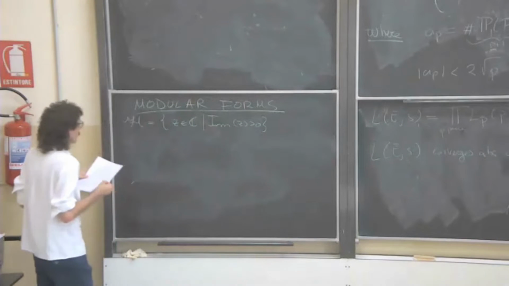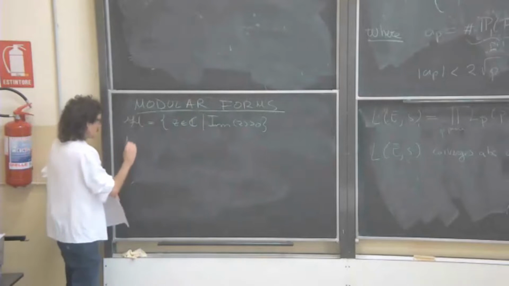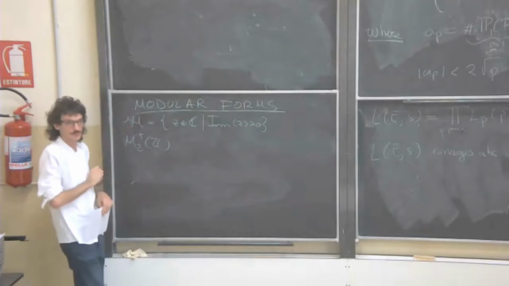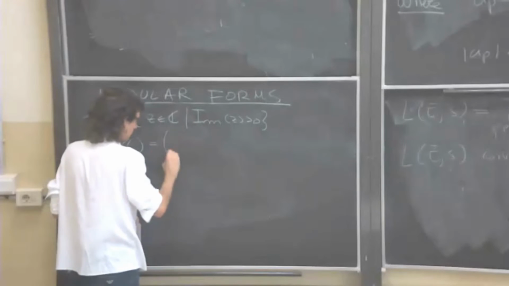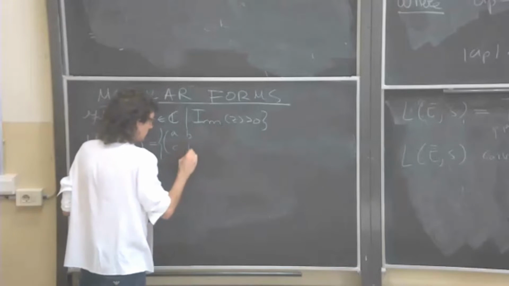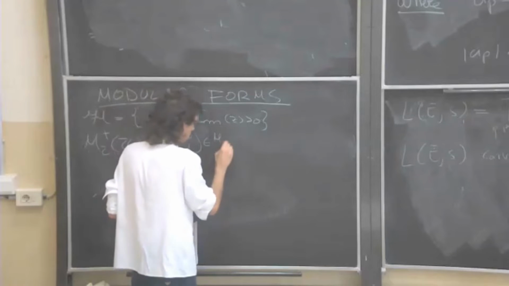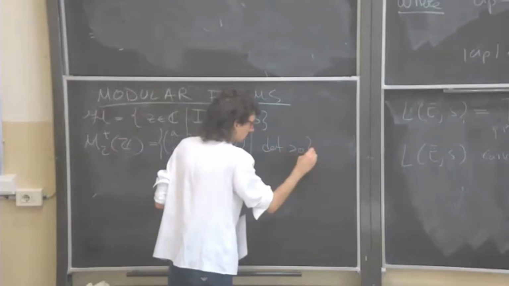Okay, so this is H. And we will denote by M2+ this object, which is a very strange form of writing, but it's actually just matrices (A, B; C, D) with entries in Z, such that the determinant is positive.